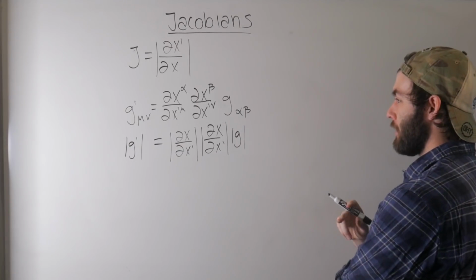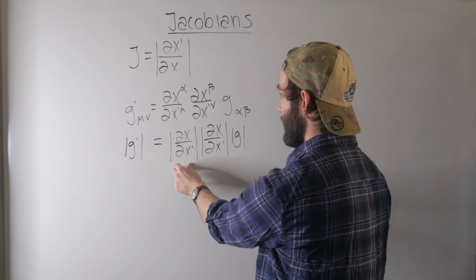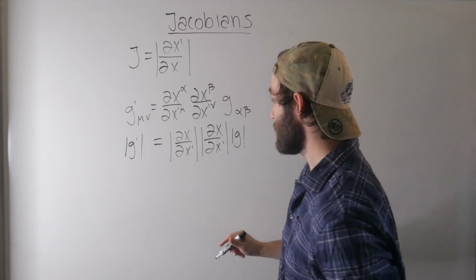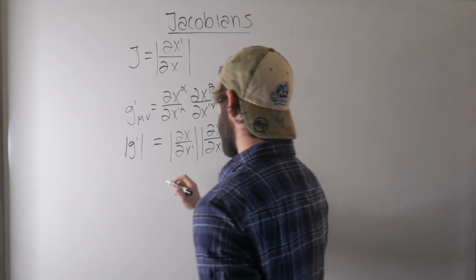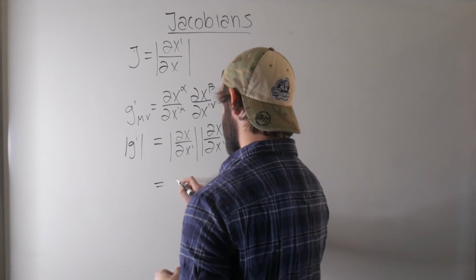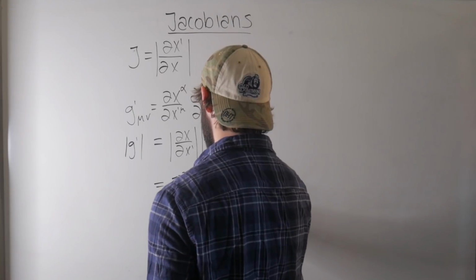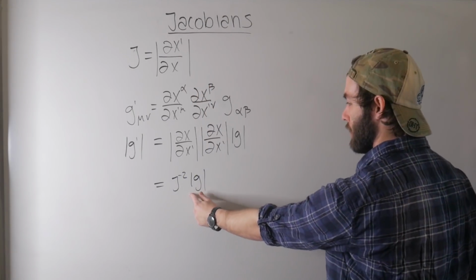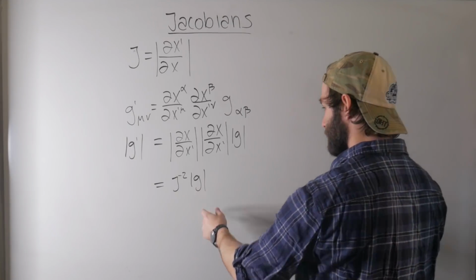Okay? And this is just the inverse of this, right? This is just 1 over the Jacobian. We're assuming the Jacobian isn't 0 here. So these are the same, so it's just going to be J to the minus 2 times the determinant of the regular metric, in the unprimed frame.